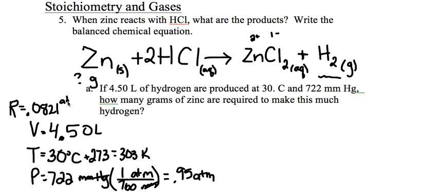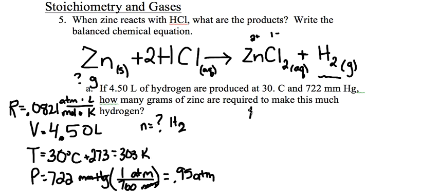That's ATM times liters over moles times Kelvin, which is why I need to have all of my units matching. My temperature has to be in Kelvin, my volume has to be in liters, my pressure has to be in ATM, and that will allow me to find the number of moles of the gas, which is H2.